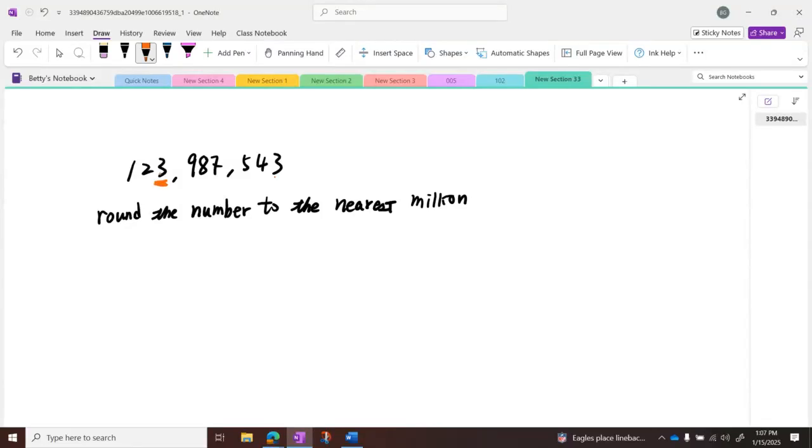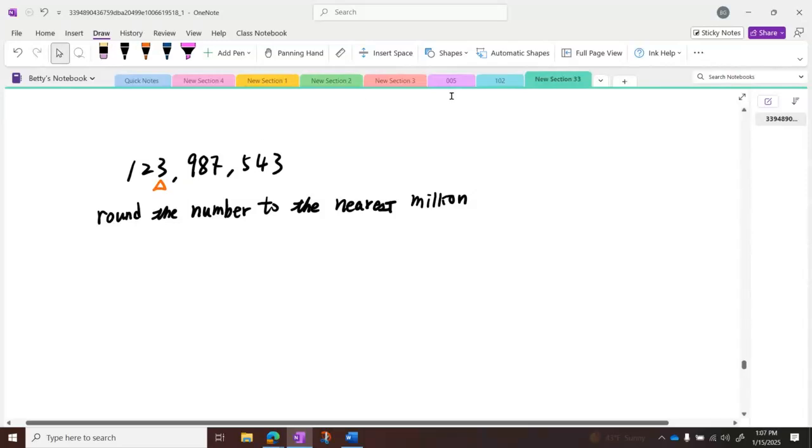This is ones, tens, hundreds, thousands, 10,000, 100,000, and right here is million. So the 3 there is the place the rounding is going to take place.